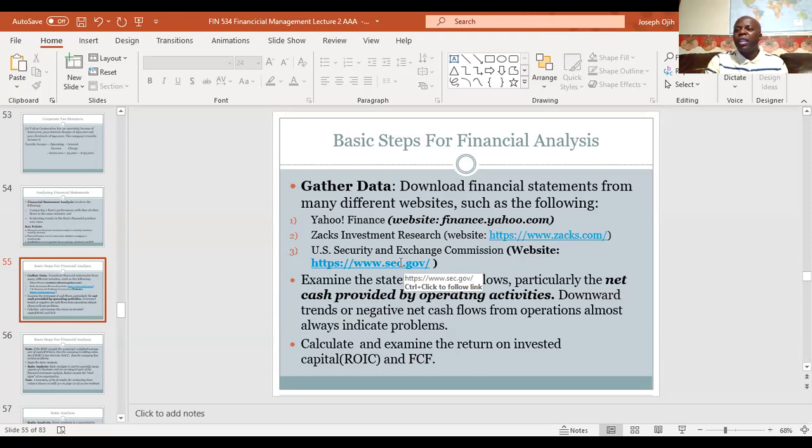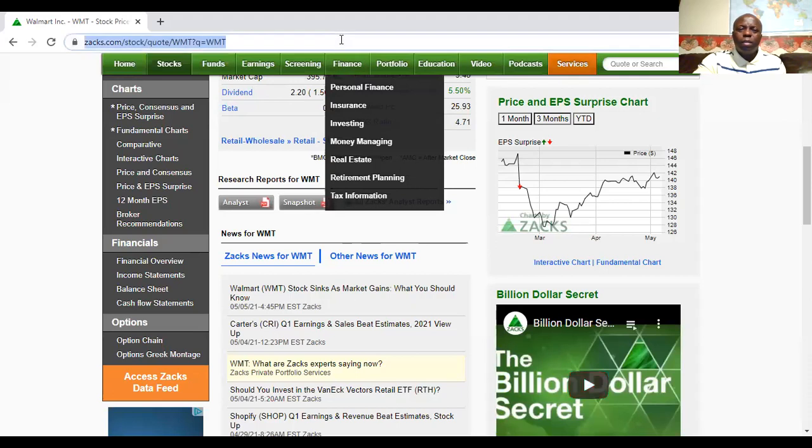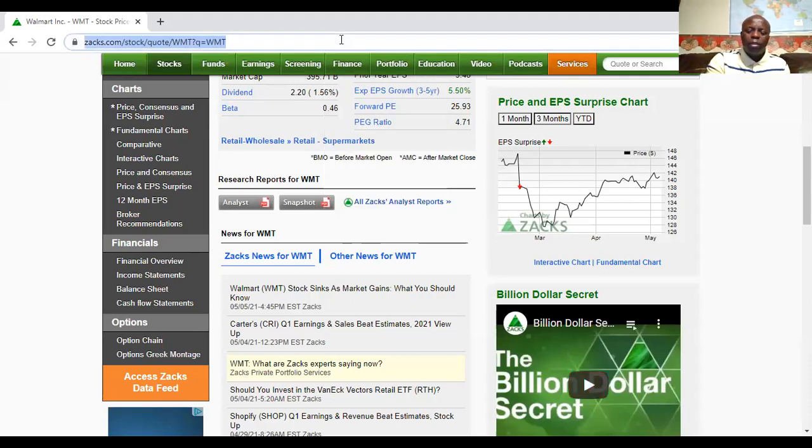So when you go there, you can see all their filings, including their financial statements. So sec.gov, let me show you the website so you can just go there. These are free websites. You can get information about any company that is publicly traded.